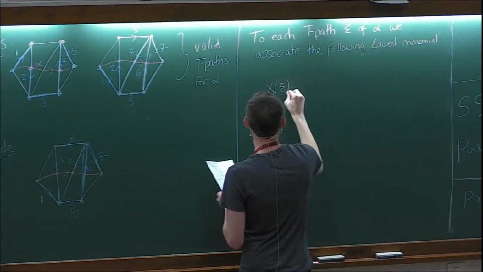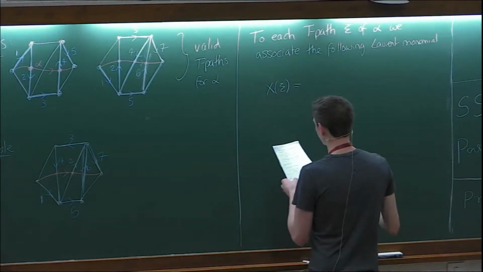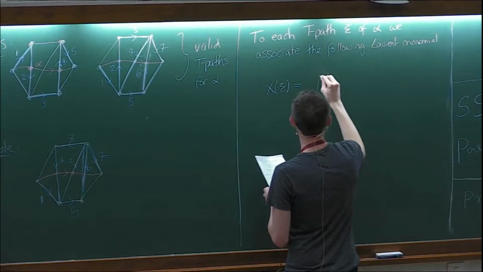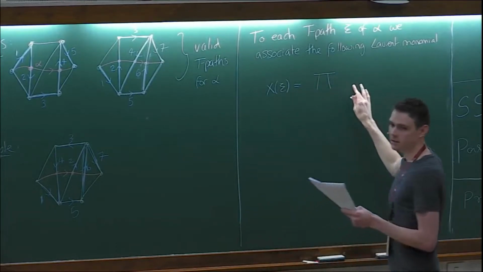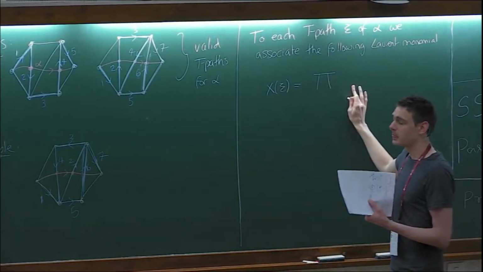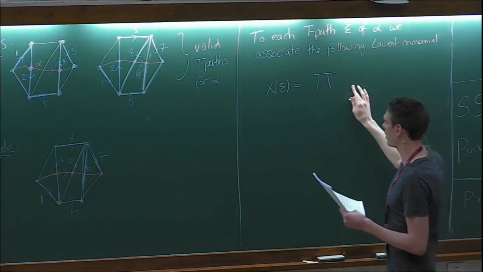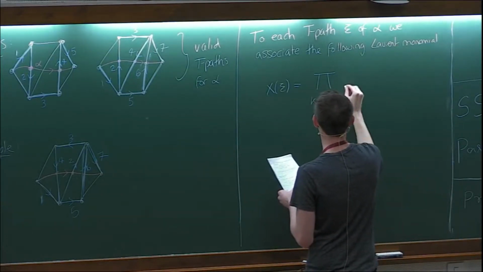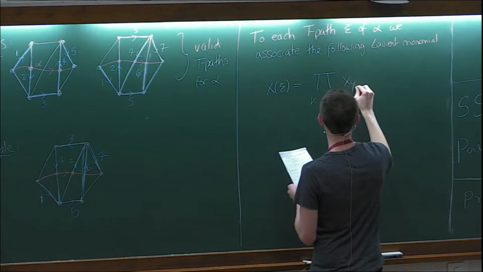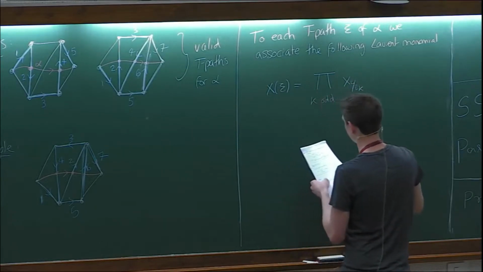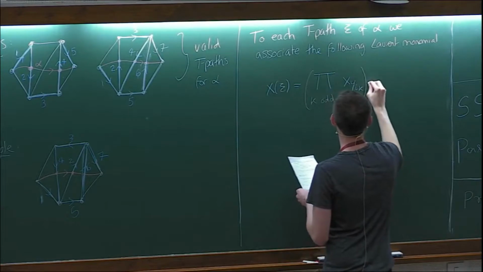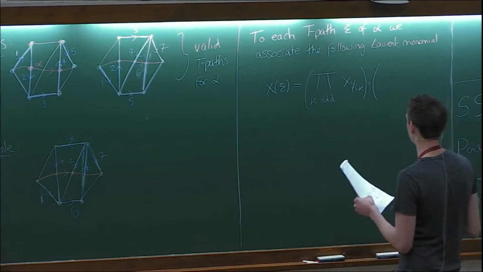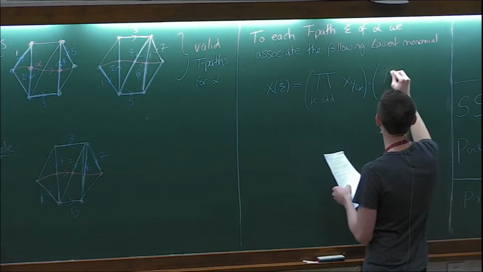So this Laurent monomial that we spit out will always be referred to as x of zeta, and it's going to be the product of all cluster variables corresponding to the odd arcs, times the inverse product of all of the variables corresponding to the even arcs.